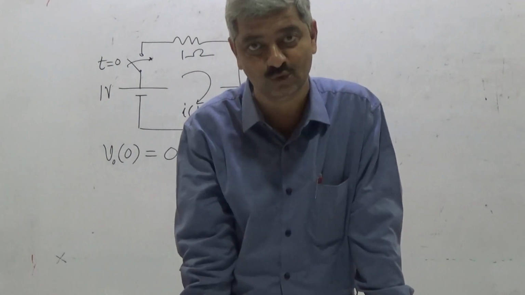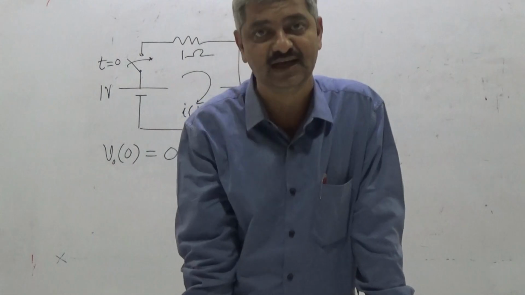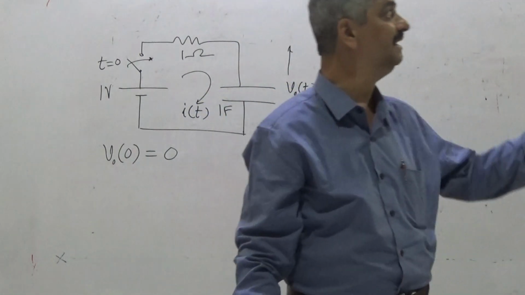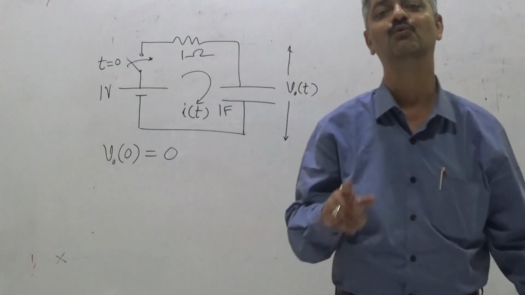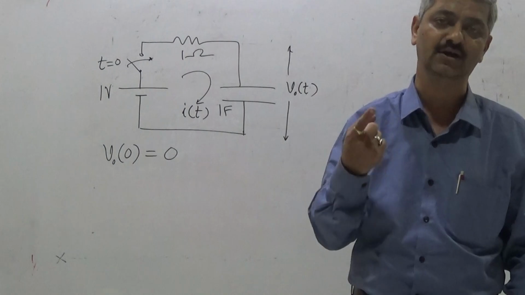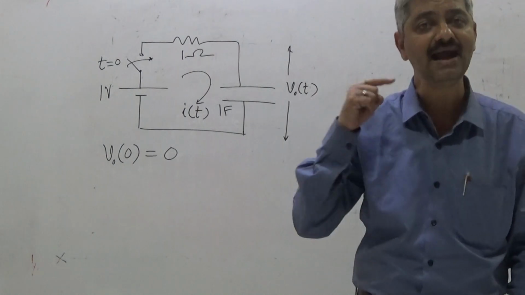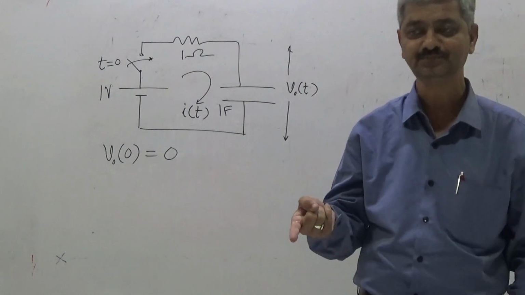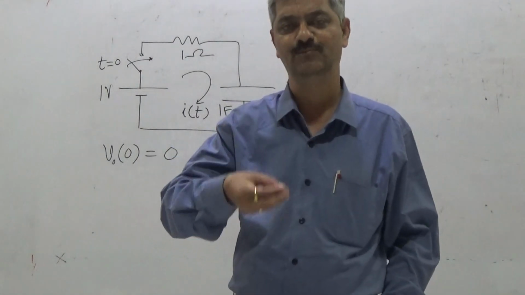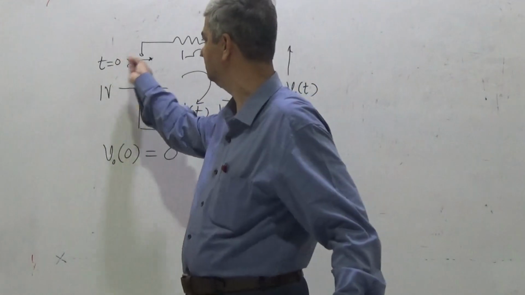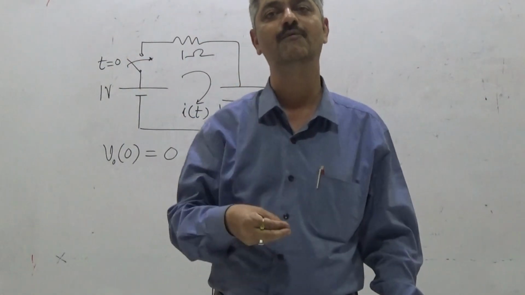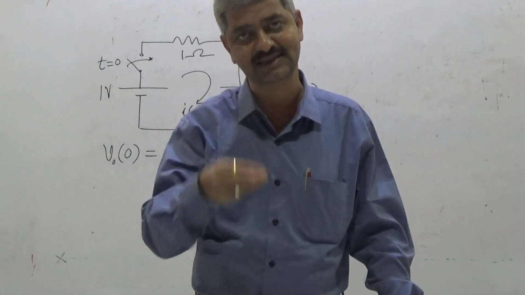Therefore, any circuit which consists of a capacitor is completely described only if we tell the value of voltage across the capacitor at any given point of time, and we start counting from some predefined point, that is, when we switch on, we say t is equal to 0. What is the value of the capacitor voltage at that time?